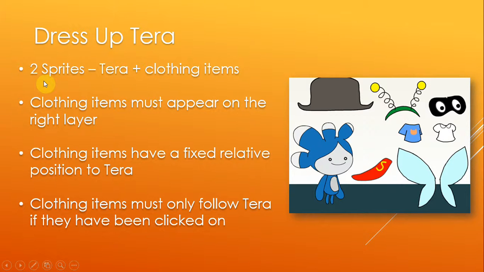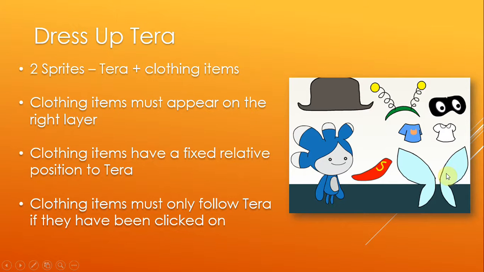The new version of Address of Tera is basically just 2 sprites, Tera and a clothing item. Your clothing items must appear on the right layer, so wings must be behind, while a t-shirt, blouse or mask must be in front of Tera, so we just need to make sure our layers are right. Clothing items have a fixed relative position to Tera, that's our offset.